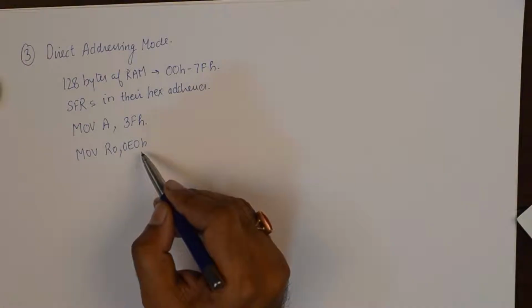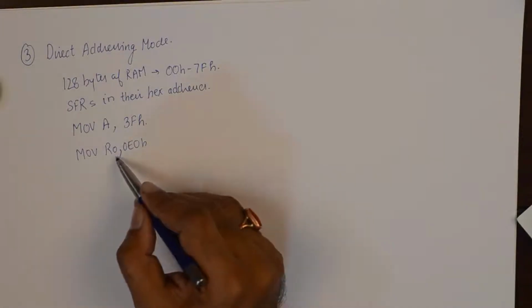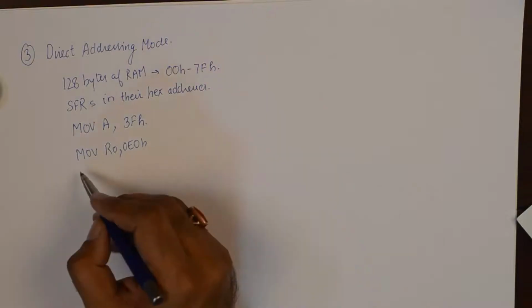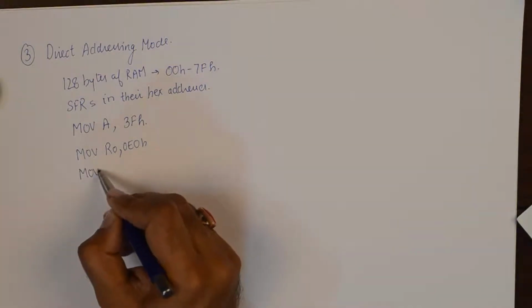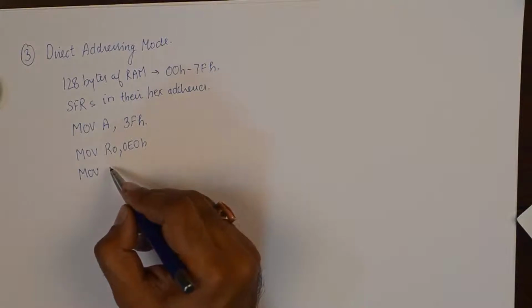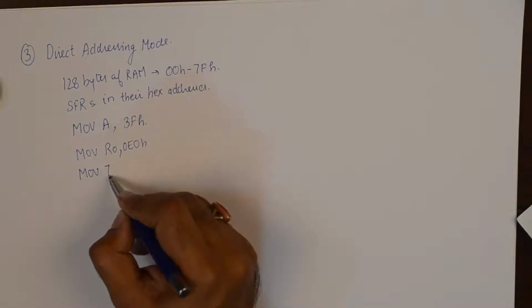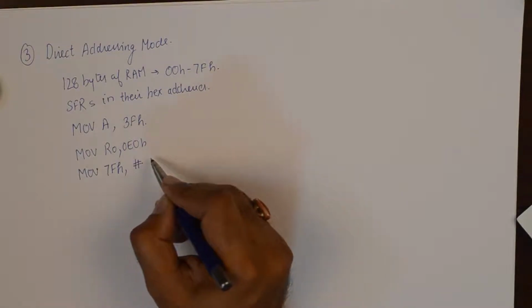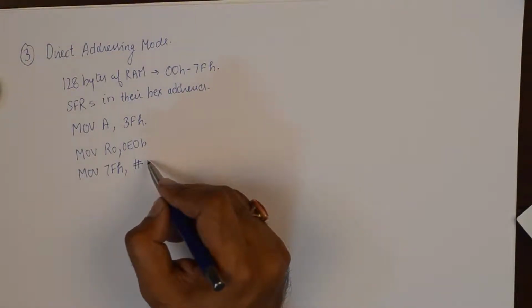So this is going to copy the contents of the accumulator into the R0 register of the selected register bank. And another example is move into, let us say, some random register 7FH, some number. This is also possible.